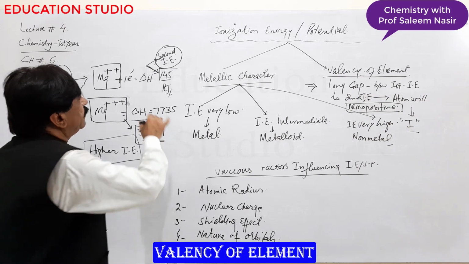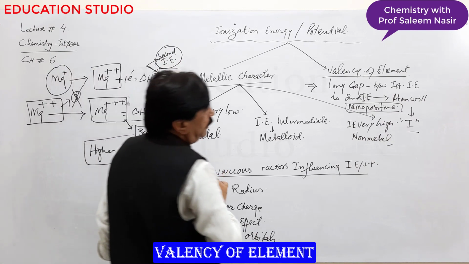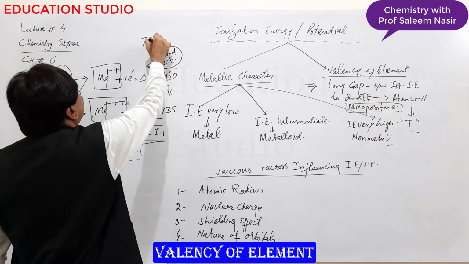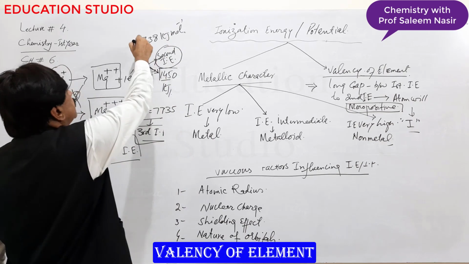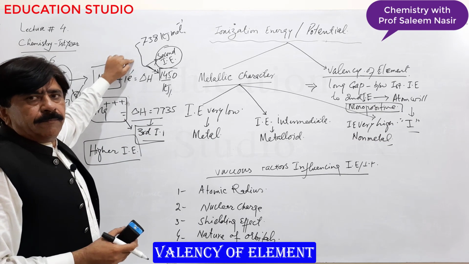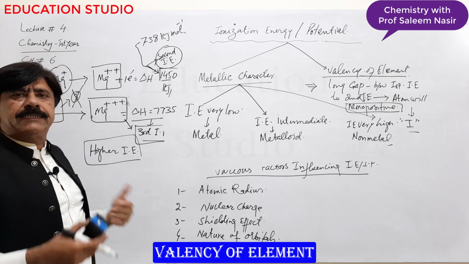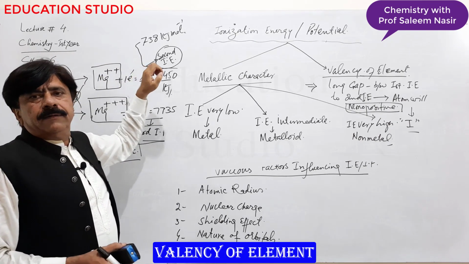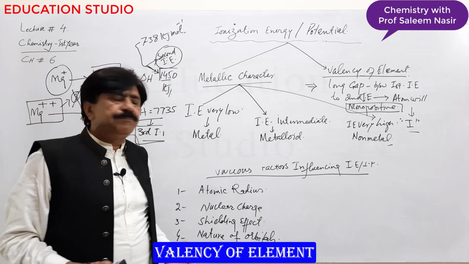But the gap between the second ionization energy and the first ionization energy, which is 738 kilojoules per mole, is not a big gap. So it is convenient to understand that magnesium has a valency of 2, that is, magnesium is divalent.